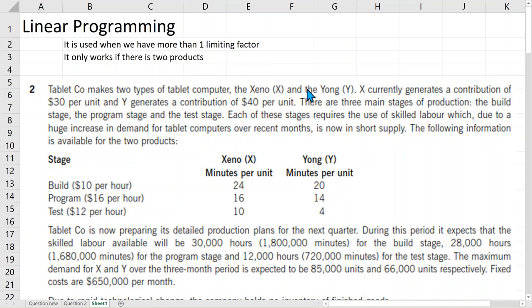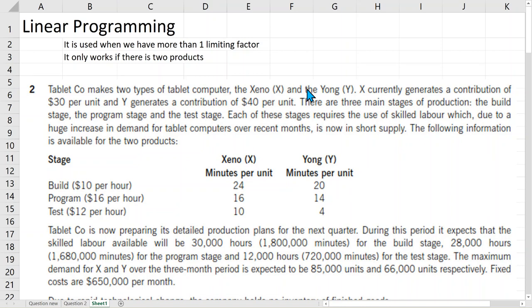Linear programming is especially used in a situation where we have more than one limiting factor. So far we saw that there was one thing that was limited in organization. Now in linear programming we will see more than one thing being limiting factor.